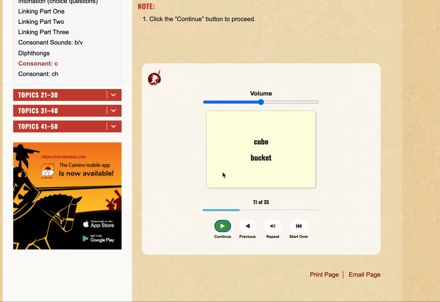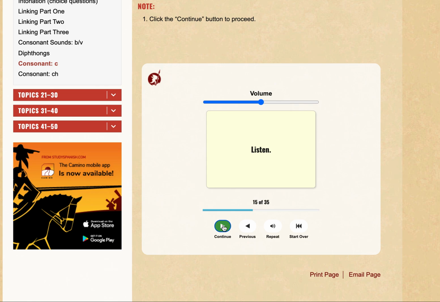So all of this is following the first group, which is a hard C, and basically replacing a C with a K. And it's cubo, camino, columpio, cuello. Listen as each word is repeated twice, once by a Spaniard and once by a Latin American.